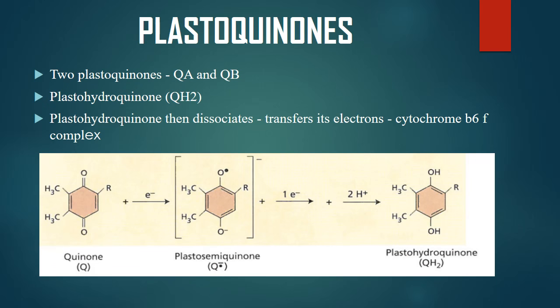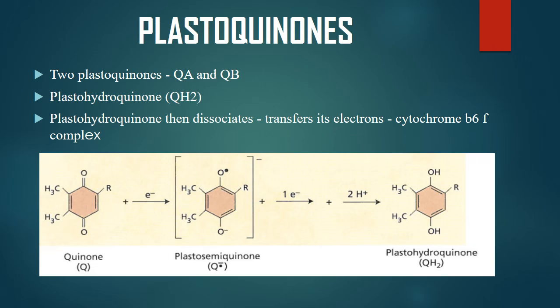2 plastoquinones, Qa and Qb, are bound to the reaction center and receive electrons from pheophytin in a sequential fashion. Transfer of the 2 electrons to Qb reduces it to Qb2-, and the reduced Qb2- takes 2 protons from the stroma side of the medium, yielding a fully reduced plastohydroquinone.